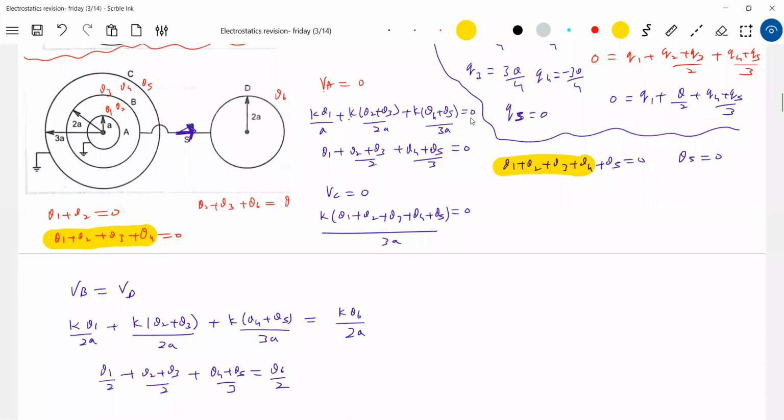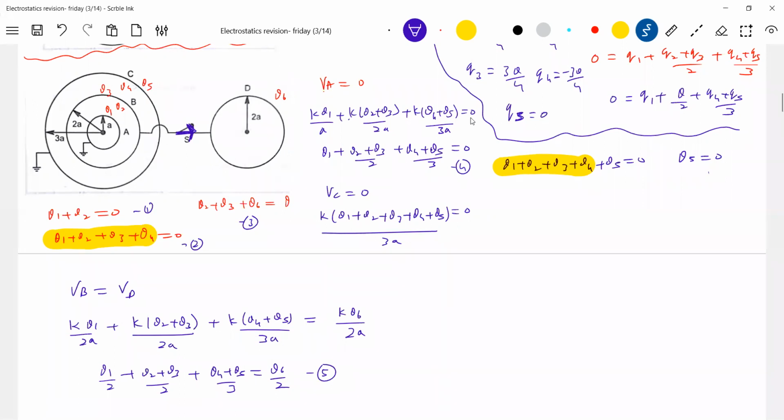So we'll write all the equations: 1, 2, 3, 4. Anyway, this is not needed. There's a 5. Already we know the value of Q5. So solving all this, we'll get the required answer.